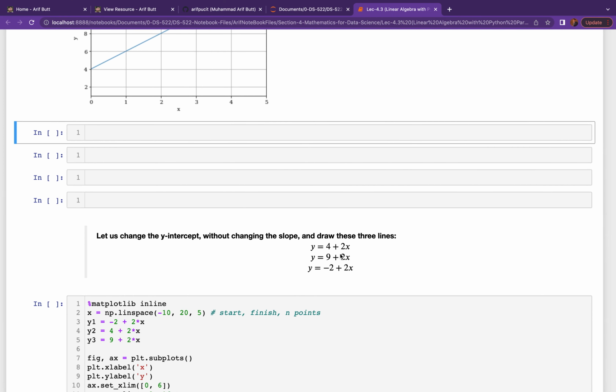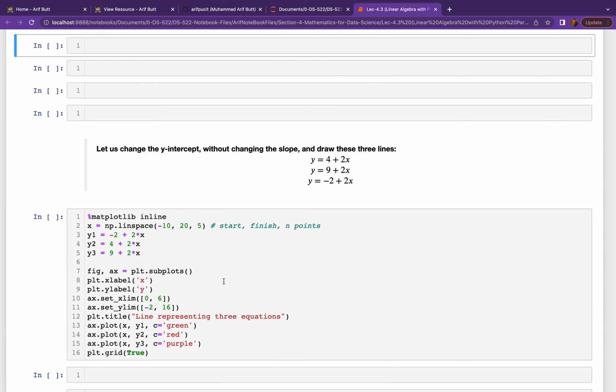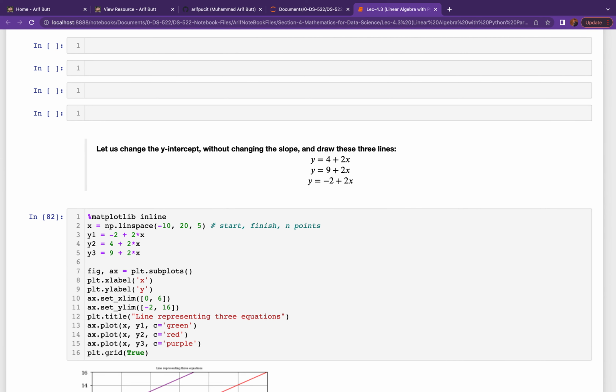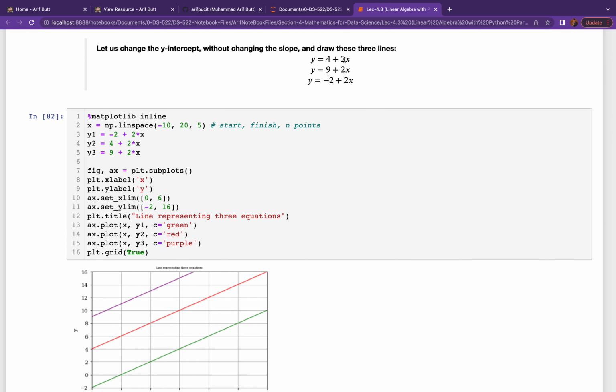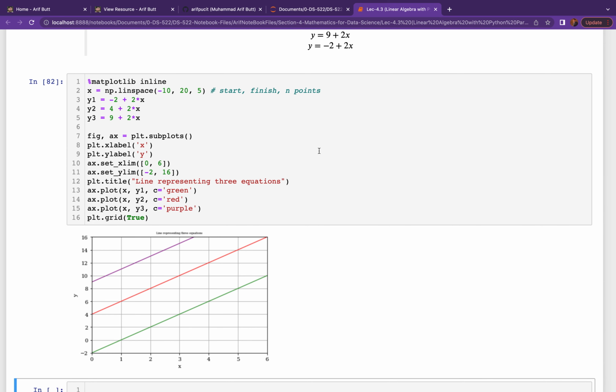And now I am changing the y-intercept to 9, and to minus 2. And I'm plotting these three lines now in this piece of code. Since the slope is the same, that is 2, but the y-intercepts are different, we have three parallel lines. That is great.